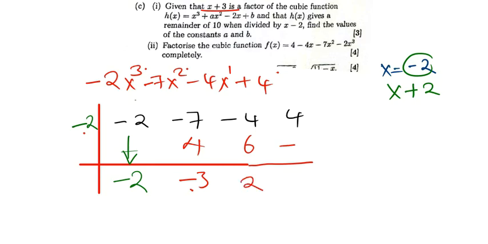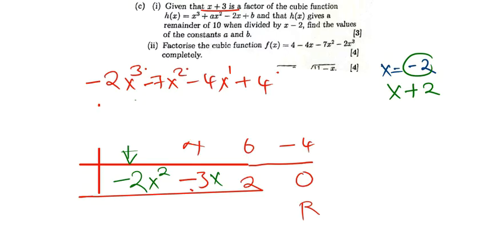That's a -4, 0. That's a remainder 0, indicating this is a factor. Now x to the power 3 now reduces to x to the power 2, x and then a constant. So we have a quadratic function which is -2x squared minus 3x plus 2.